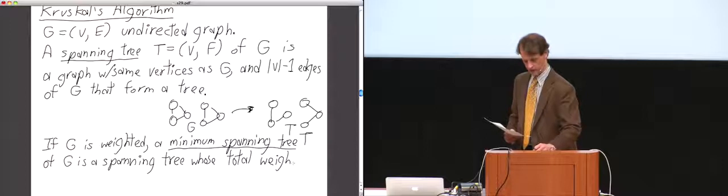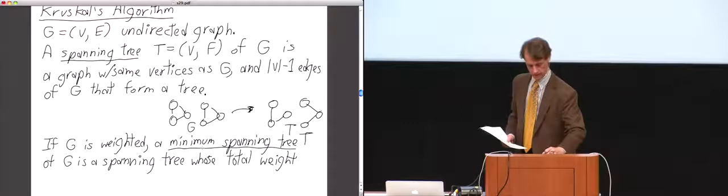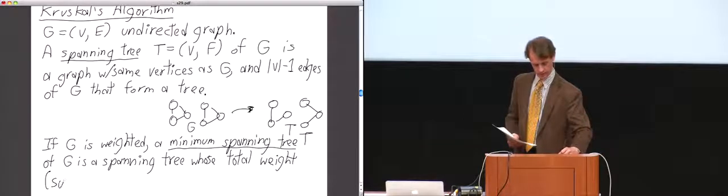Now, I will talk about the total weight of a tree, and when I talk about the weight of a tree, that means that we are summing the weights of all its edges.